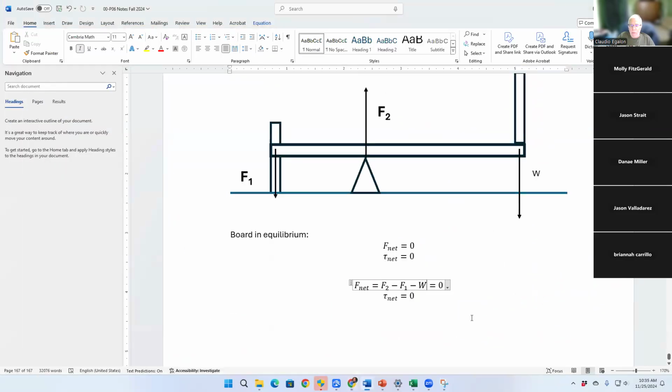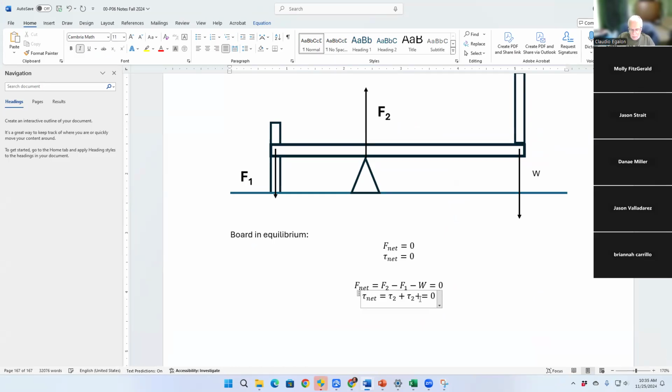And then we have net torque. Net torque is equal to 0. So net torque should be torque of 2, and now let's put torque of 1. We worry about the signs later on, right?